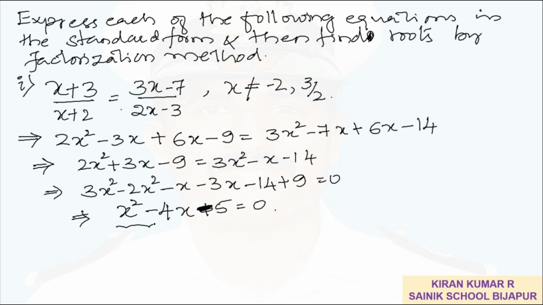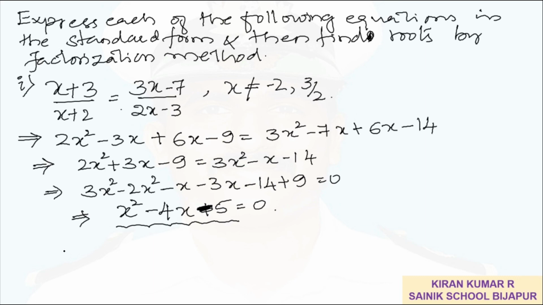Now to solve in a factorization method, we need the sum and the product. The product is −5 and the sum is −4. This is possible with −5 and +1.